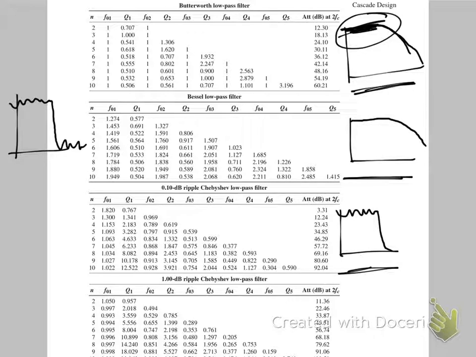We can control how much ripple is in the pass band by choosing to either design using that table or using this table. But there is something that I would like you to note.